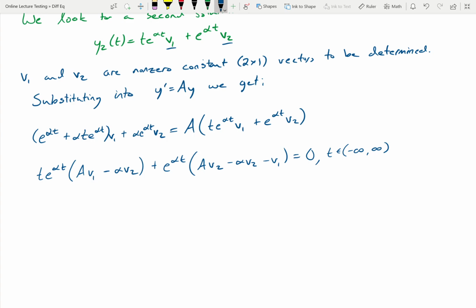Well, in order for this to equal 0, there's one of two things that's going to happen. Either these first terms here are both going to be equal to 0 for the same value of t, or our coefficients, if you will, are going to equal 0. Well, let's talk about that. The set te to the alpha t and e to the alpha t, these guys are linearly independent, meaning they're never going to equal 0 with the same value of t.